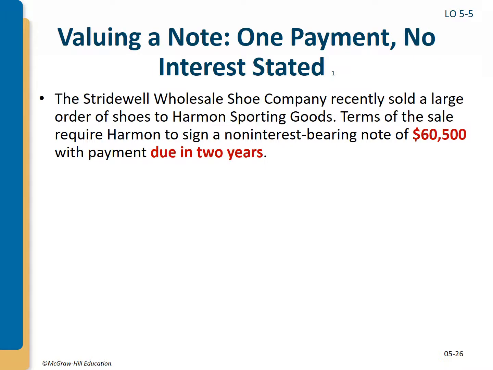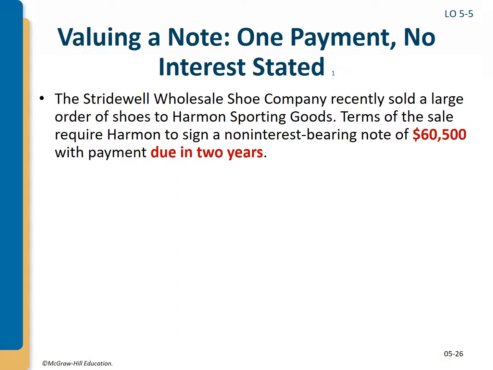The Stridewell Wholesale Shoe Company sold a large order to Harmon Sporting Goods. Terms of the sale: a non-interest bearing note, which there's no such thing as no interest. It's just there's no interest directly stated on the note, of $60,500 with payment due in 2 years. So future value we know, $60,500.